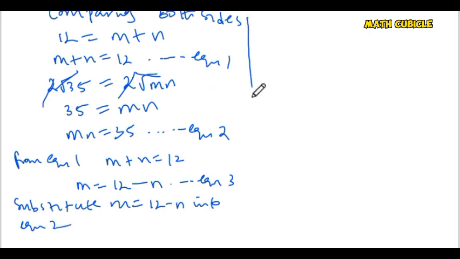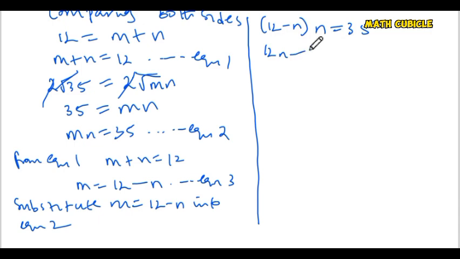When we do that, anywhere we see m, we plug in 12 minus n. So here we have 12 minus n, bracket, n here is equal to 35. So expanding this, we have n times 12, that's 12n, minus n times n is n squared, equals 35.